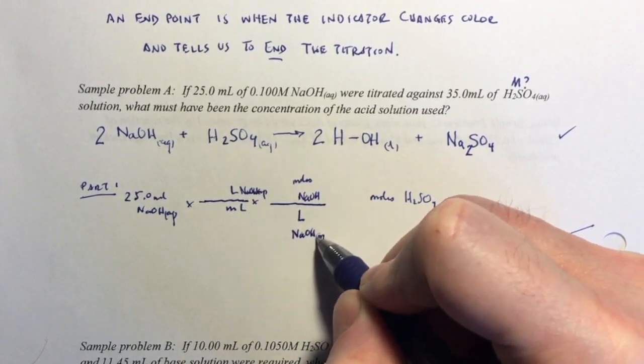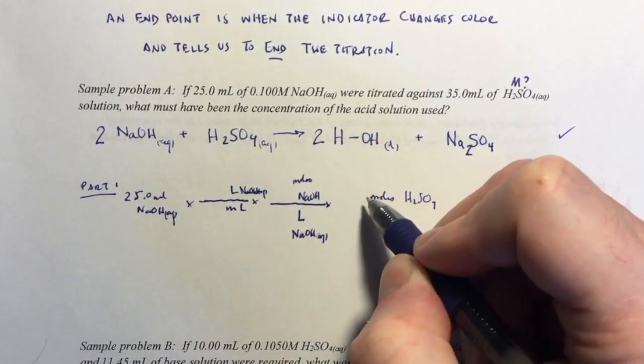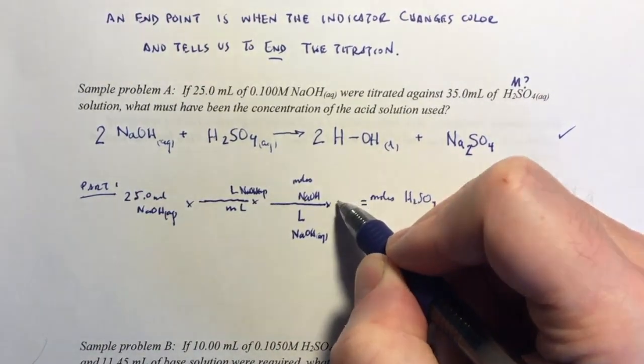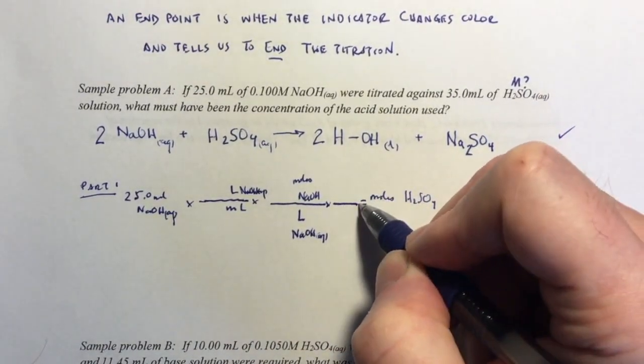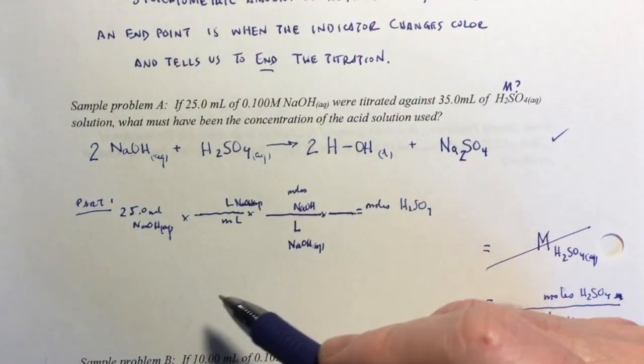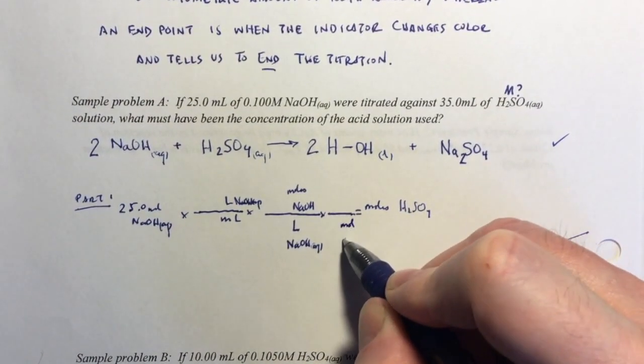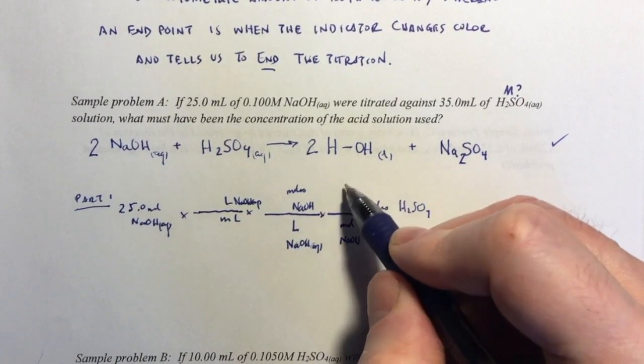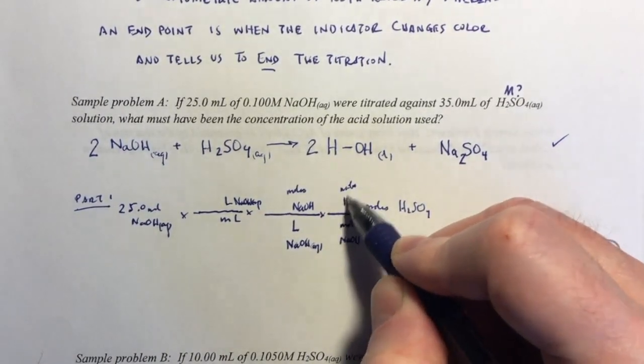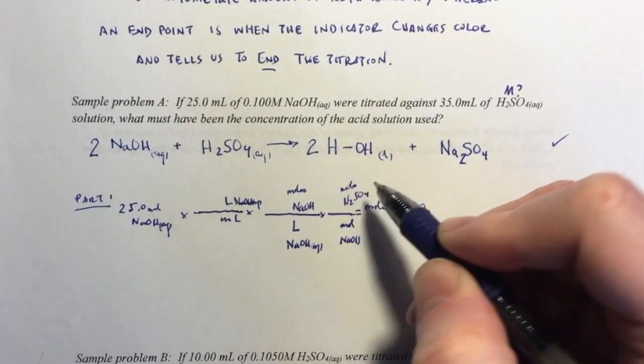This is the solution. And then one more conversion step. I haven't left myself a whole lot of space. One more conversion step from moles of the NaOH to moles of the H2SO4.